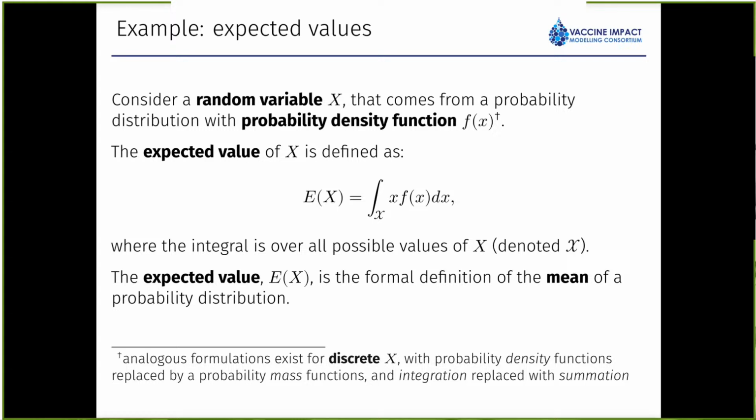Mathematically, the expected value of x is defined as the integral over all possible values of x times the density function, okay? In practice, the expectation is the mean of that distribution, all right? So whenever we talk about expectations, we mean means, okay? Mathematically, this is how we can calculate the mean.